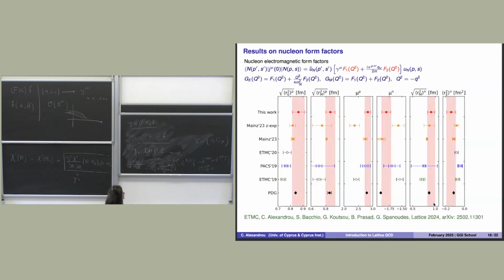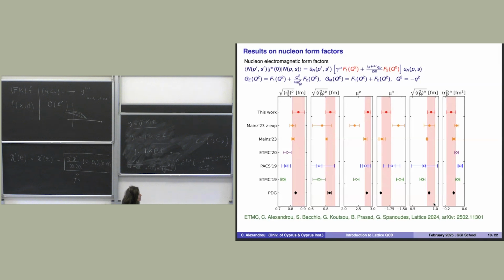And these are the extracted quantities compared to other lattice groups and PDG. And you see that more or less we reproduce all these quantities on the lattice. This is from Lattice 2024 in the summer.